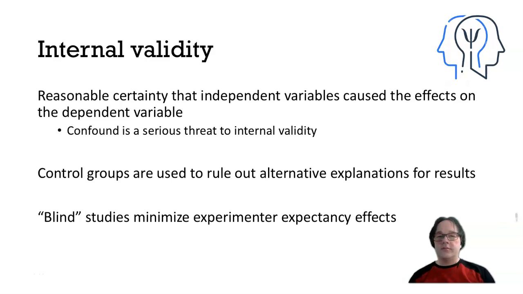So one way to help ensure that our independent variable really did cause our dependent variable is through the use of control groups, right? Make sure that we have control groups to kind of help rule out other explanations for the results. I gave you a pretty extreme case of an extraneous variable with therapy and Prozac.